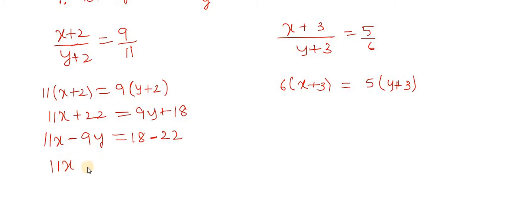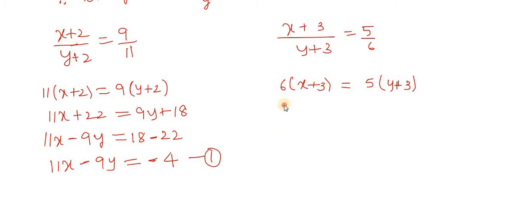We need to find 11x minus 9y equals minus 22 is there, right? So what is 18 minus 22? 18 minus 22 is nothing but minus 4. So call this equation 1, and here we can do the second equation.